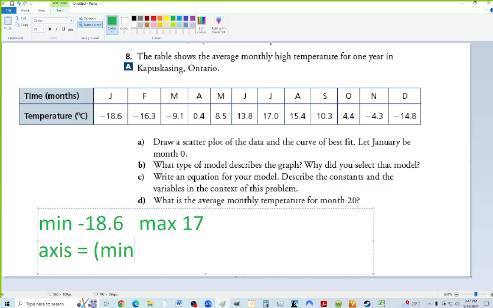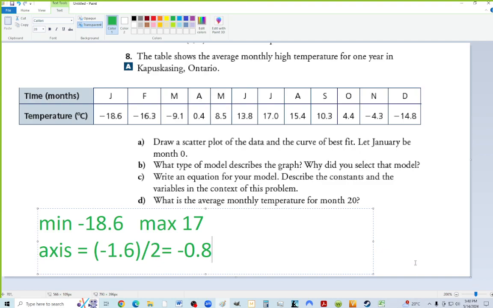Yes, it's max plus min divided by 2. So max plus min or min plus max, it doesn't matter, divided by 2. You told me the min is minus 18.6 and the max is 17. What happens when you add those? It's going to be negative 1.6. Negative 1.6 divided by 2 is negative 0.8.